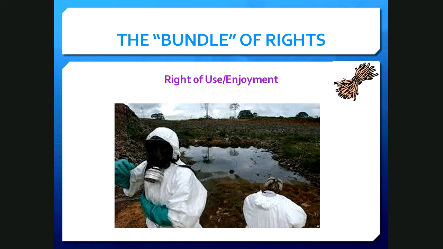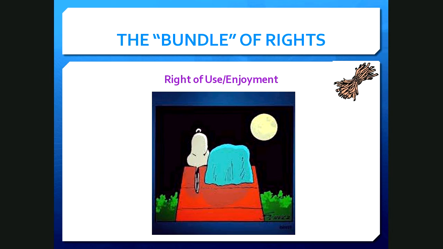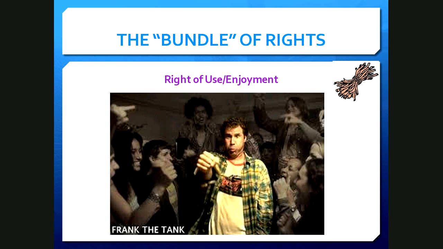It's your property. You should be able to use it the way you want. You may just want to use it for a good night's sleep. Then again, you may want to use it to party every night. It's your property. You should be able to use and enjoy it the way you want. That's your right.